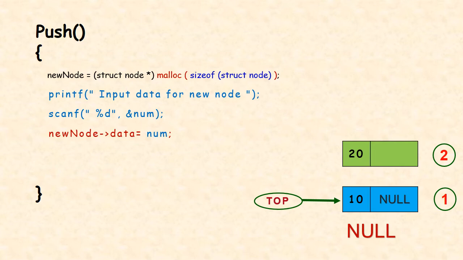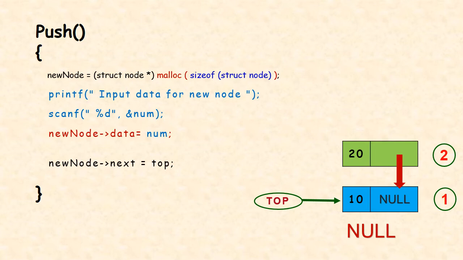What is the address of the previous node? Top. Top is the address of the previous node. So I have to write like this. Okay. To establish this link, new node next is equal to top. Then the previous top is pointed to by the current node.